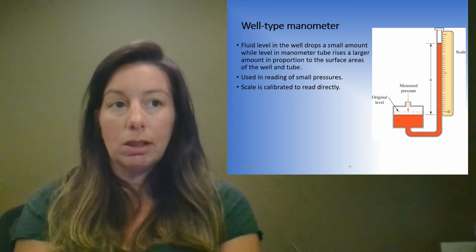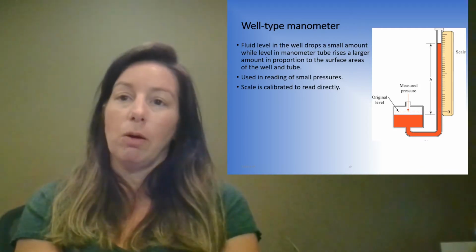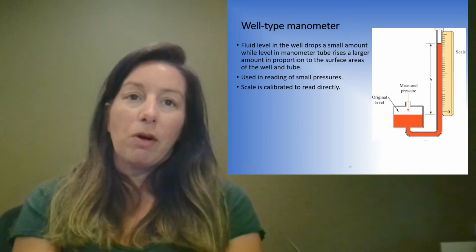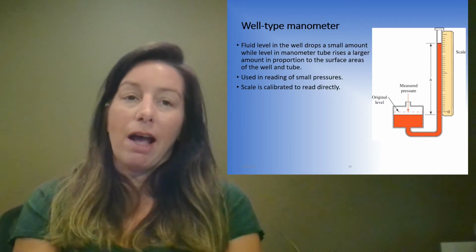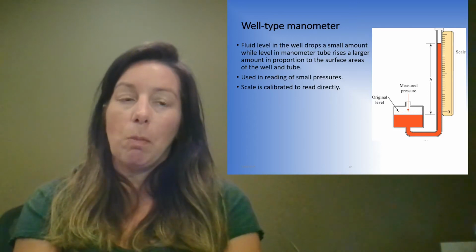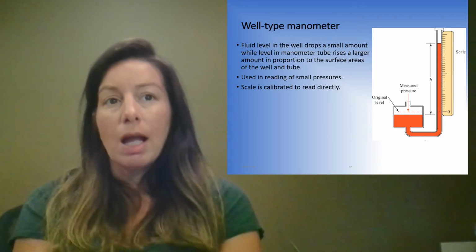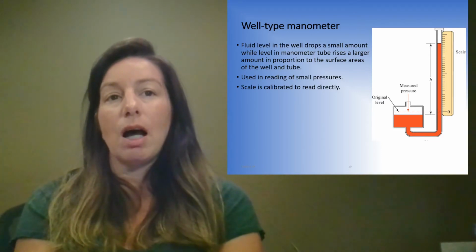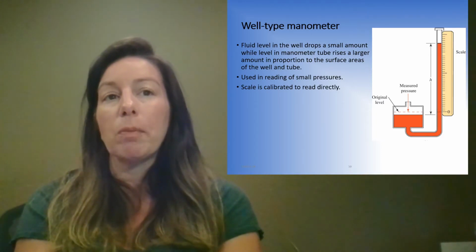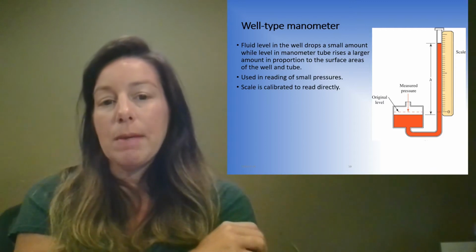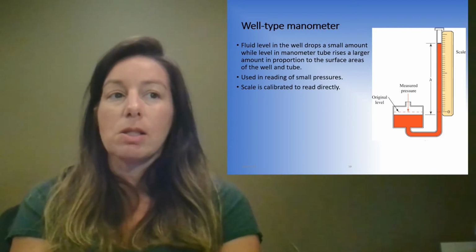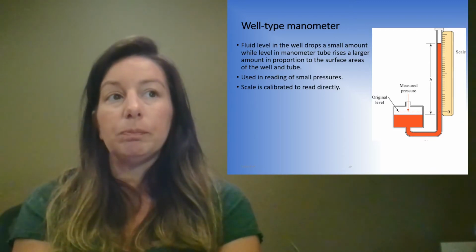You can imagine you've got a giant well and a smaller tube. This is used to read small pressures, and it has to be calibrated so that you can read it directly.